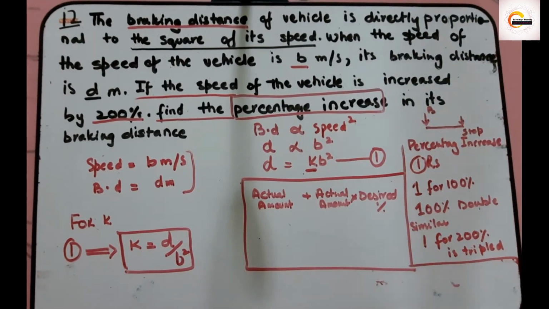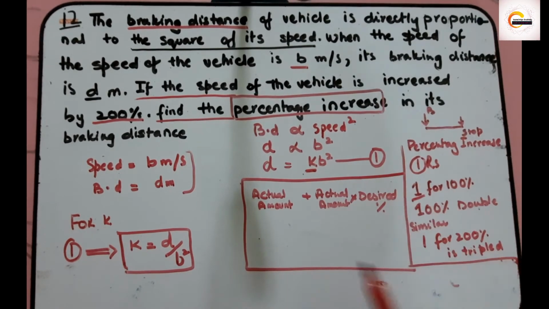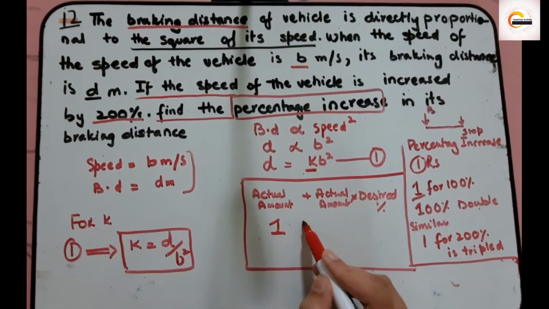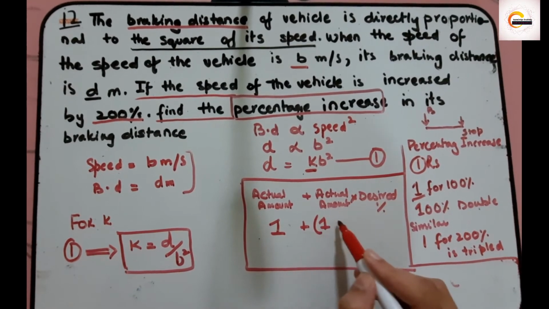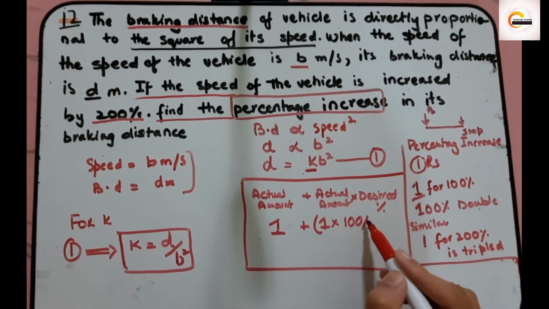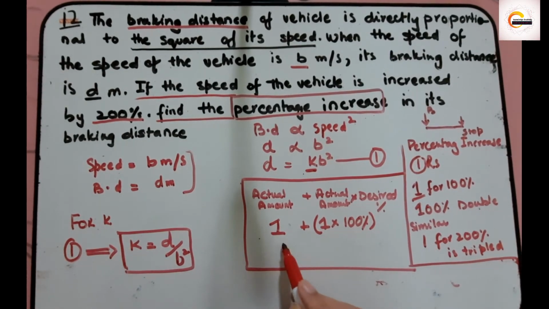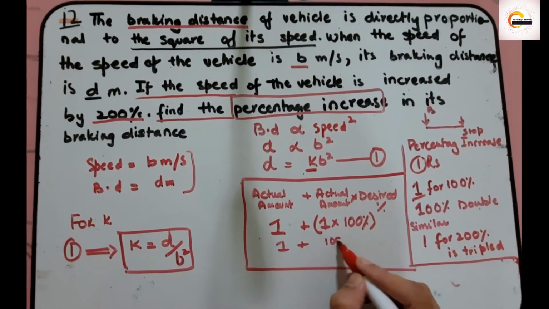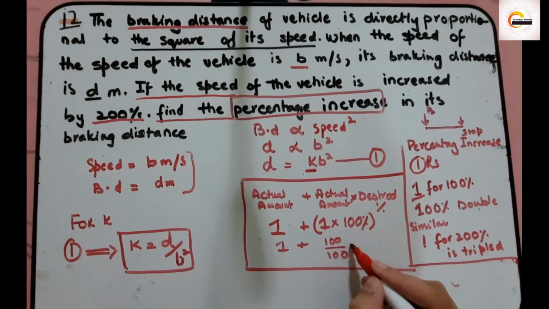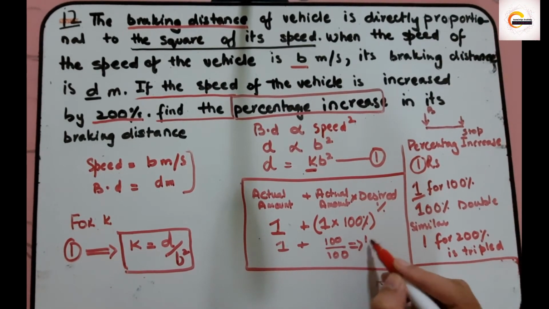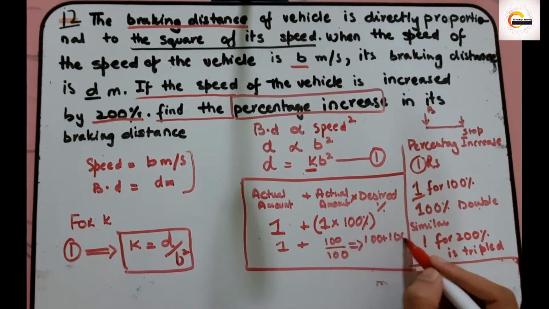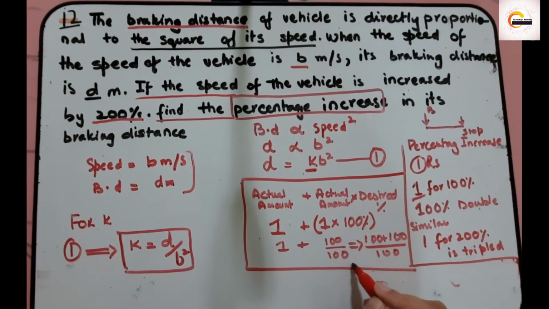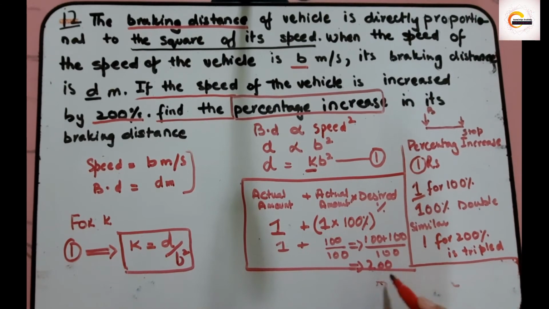So right now, suppose we have number 1. So our number 1 is actual amount plus actual amount into 100%, and this 100% means 100 on 100, which after LCM will become 100 plus 100 upon 100, will give you 200 upon 100, and that is, zeros cancel, 2.